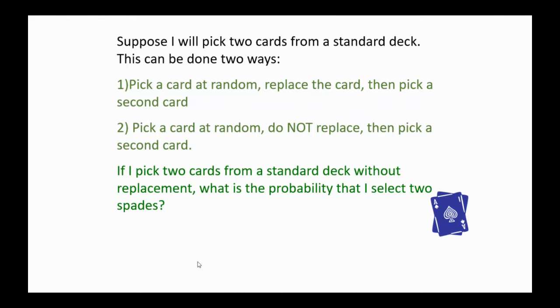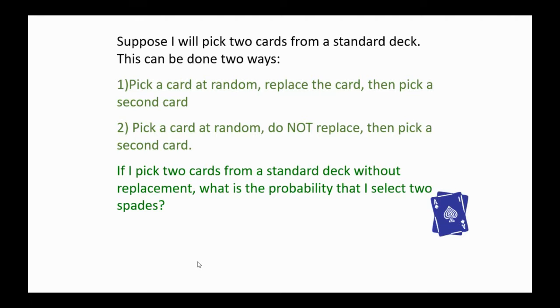So let's say I'm going to pick two cards from a deck without replacement. I'm not putting them back in. What is the probability that I'll select two spades? So that would be the probability for the first card, 13 out of 52.